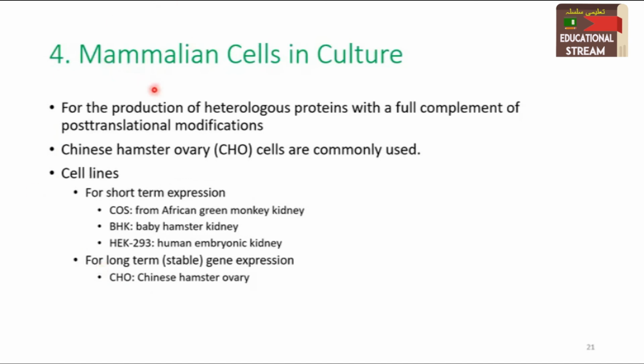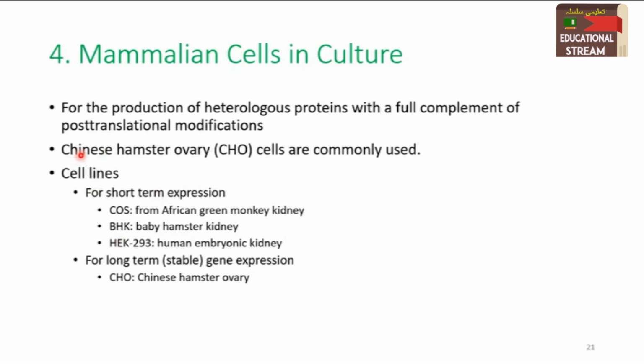The fourth system, which is used as a eukaryotic host system, is mammalian cells in culture. We use mammalian cells as a host for the production of heterologous proteins with a full complement of post-translational modification. The most common mammalian cells used are CHO, the Chinese hamster ovary cells. Different types of cell lines are used for different purposes.